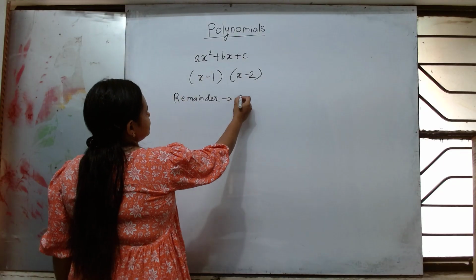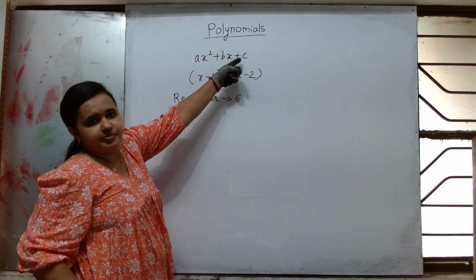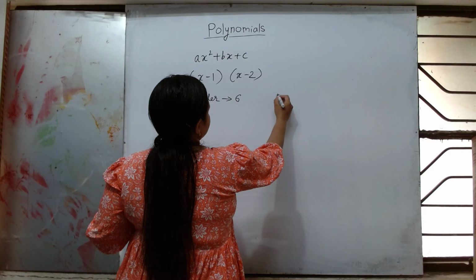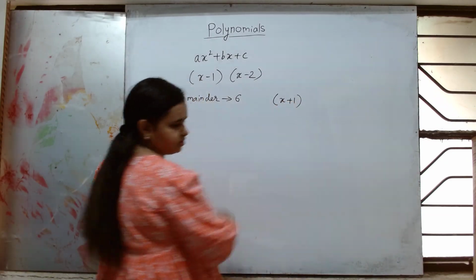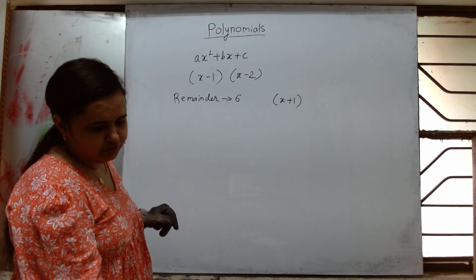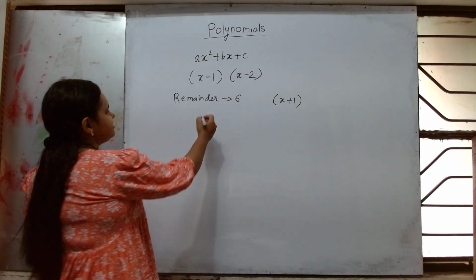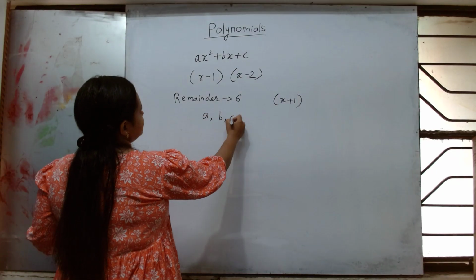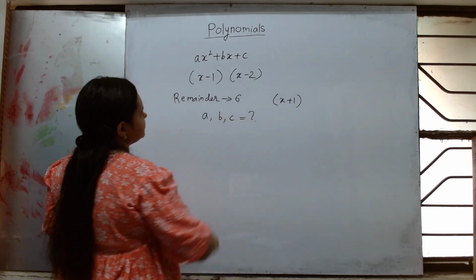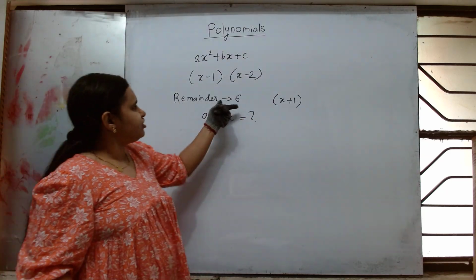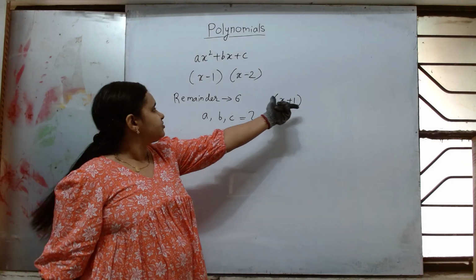We have to find the values of a, b and c respectively. Okay, there is no need of this remainder 6 and x plus 1.